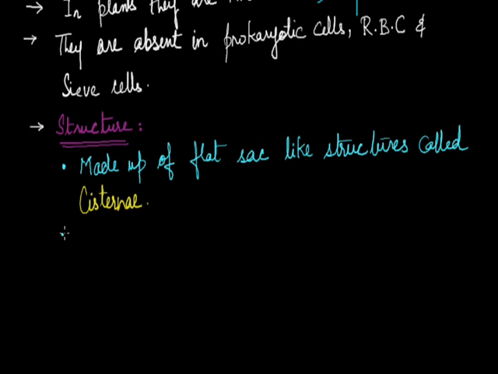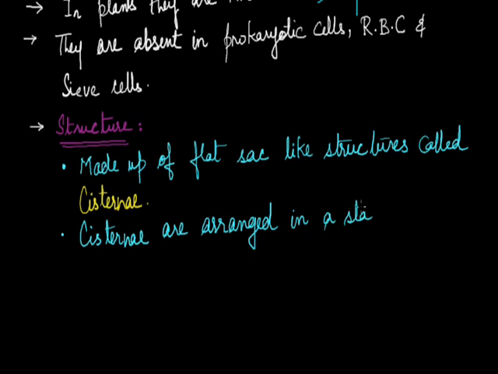These cisternae are arranged one above the other in a stack. And these stacks of Golgi complexes are surrounded at the circumference, above as well as below, by the vesicles and the vacuoles, which are the rounded structures.